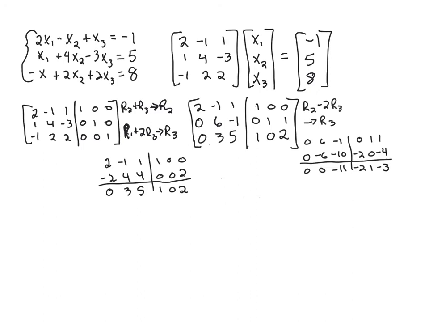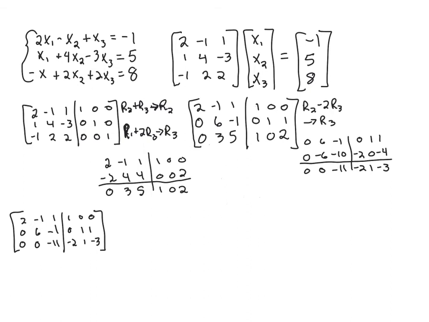That's my new row 3. Rows 1 and 2 stayed the same. Copy carefully. Now my new row 3 is 0, 0, negative 11, negative 2, 1, negative 3.